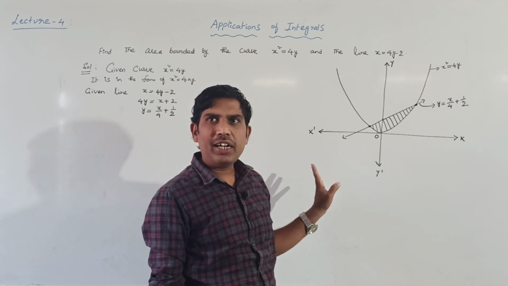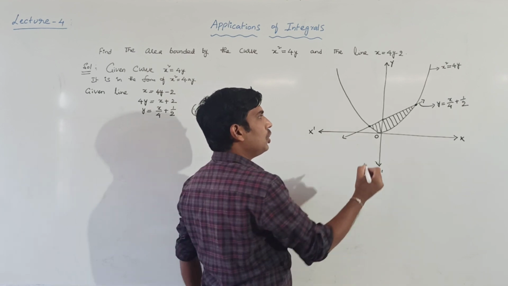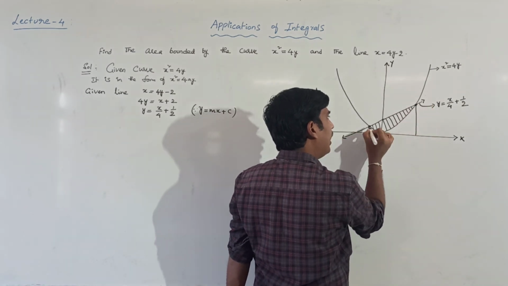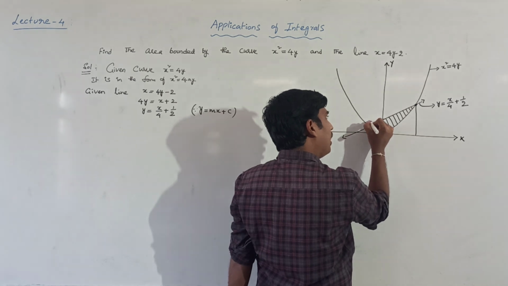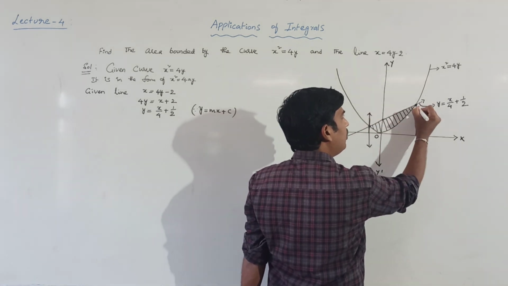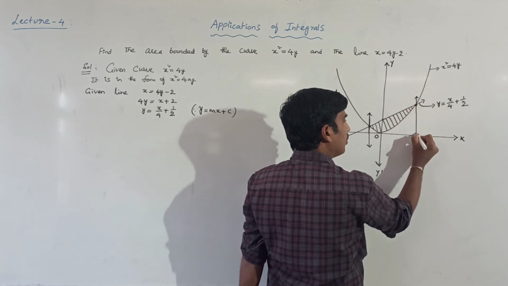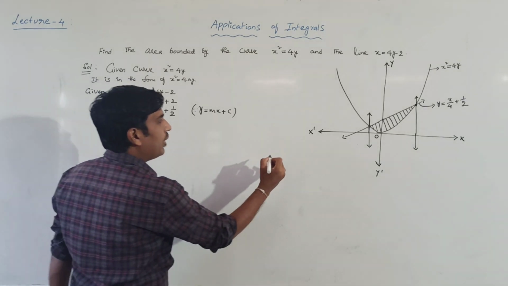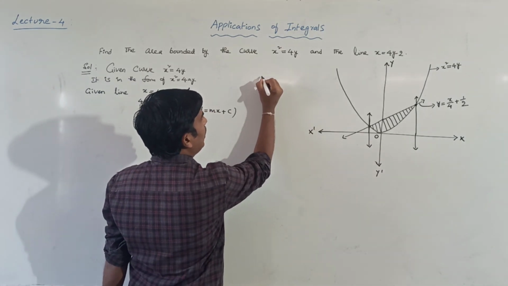So there, if you draw one line like this, we have to find the equations for this line. How to find? Just by solving.